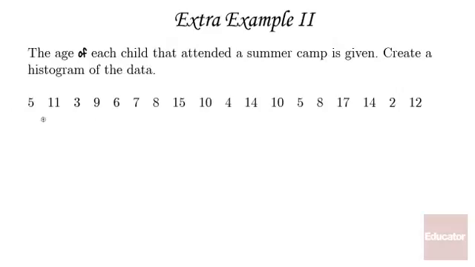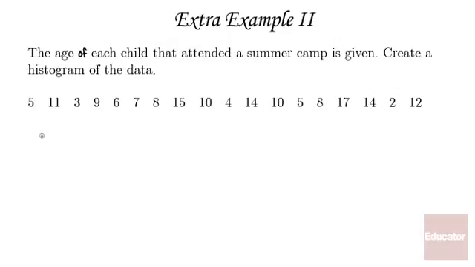So to create the intervals, you want to look at the biggest number. The biggest number here, or in this case the oldest child, is 17, and the smallest number here is 2. So youngest is 2, the oldest is 17. So you have to create your intervals based on those numbers. So let's see, I want to create my intervals in every 5.